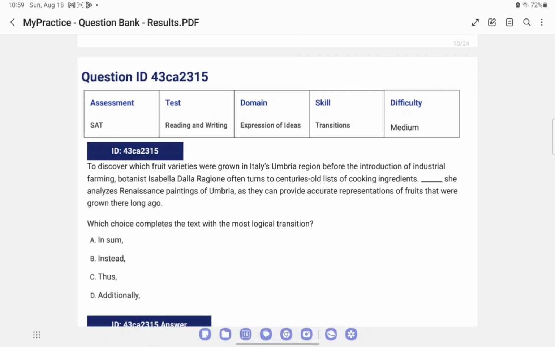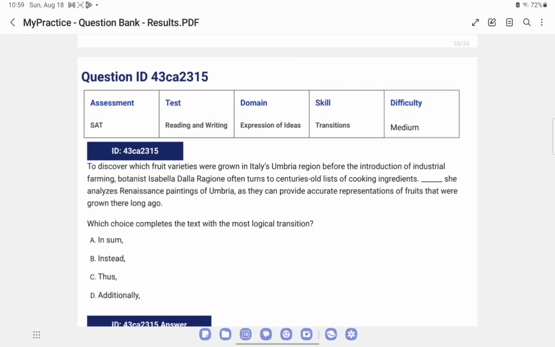Instead, she analyzes Renaissance paintings as they provide accurate representations of fruits. What do you mean instead? It just doesn't work, really. Maybe if it said this scientist does this, but instead this one does this, because it's more reliable or whatever. But that's not what it's saying.